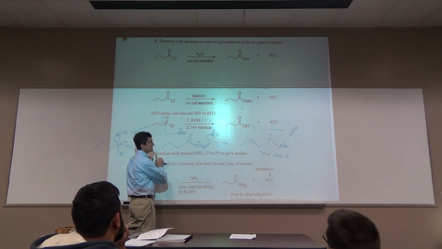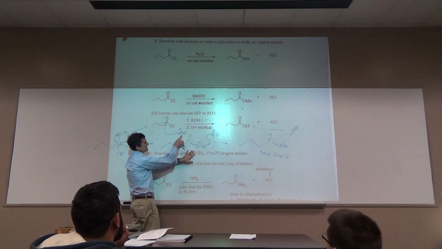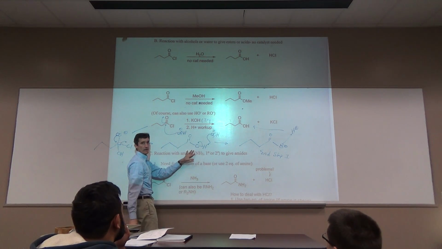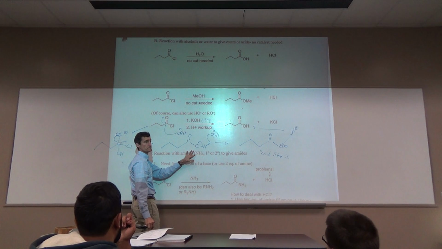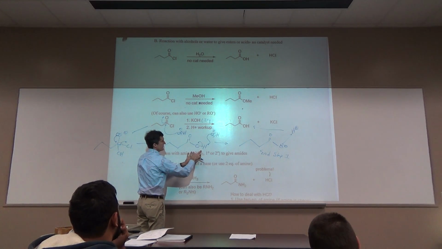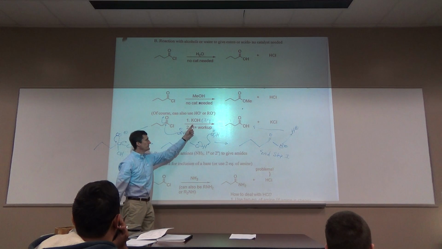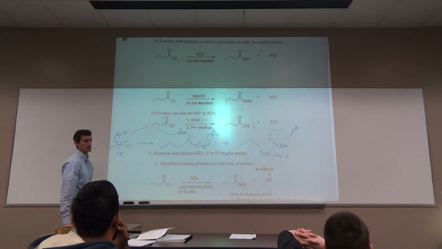Say the reaction was going 50%, you made 50% of this and you got 50% of this left. The hydroxide will then react with the carboxylic acid. Acid-base reactions are very fast, instantaneous. You have to include enough to also deprotonate the product.